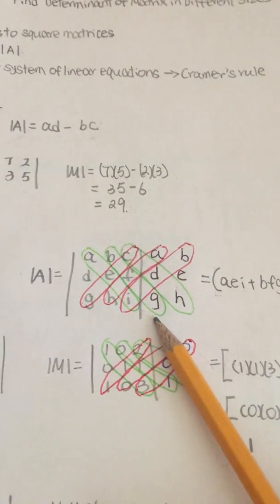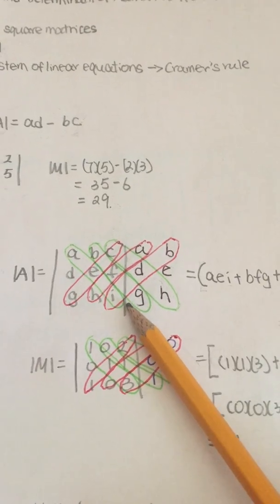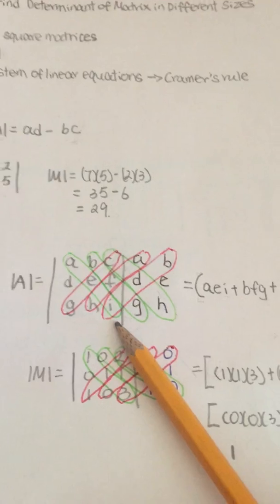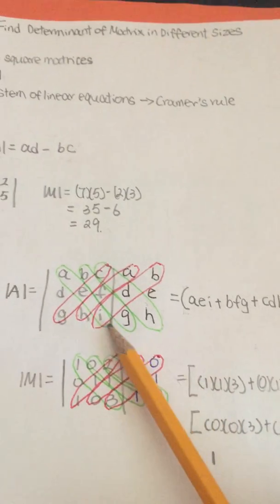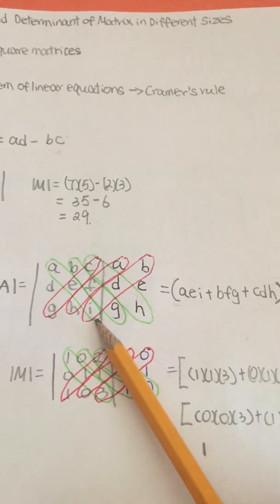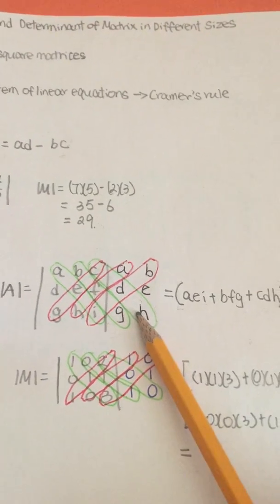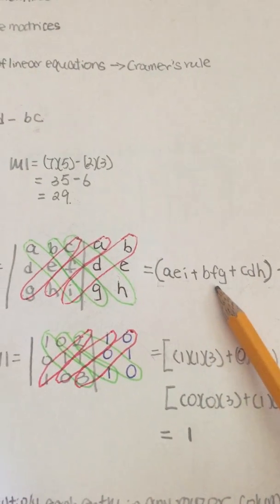Basically you will find the product of each diagonal that points in the same direction. For the diagonals that are slanted to the right, I will find the product of each of these diagonals, and then I will add them together, as shown here.